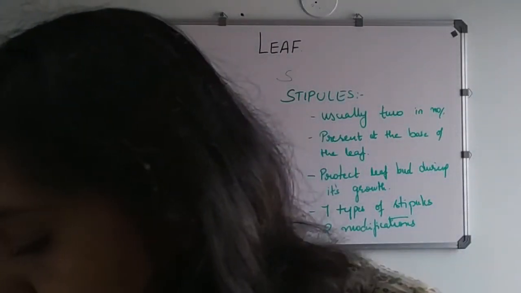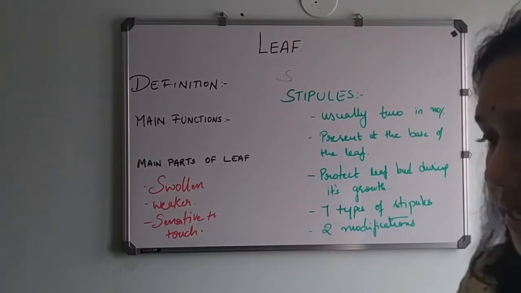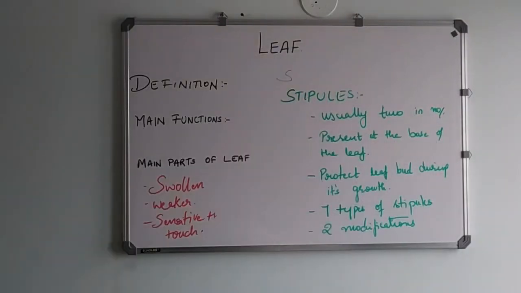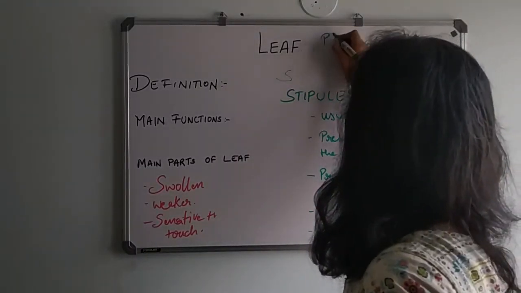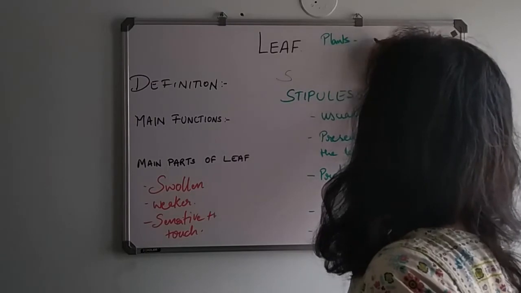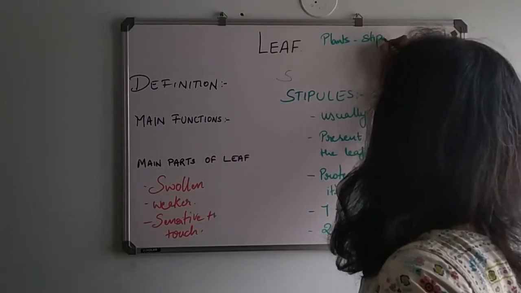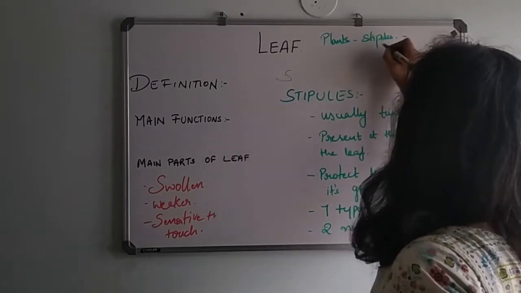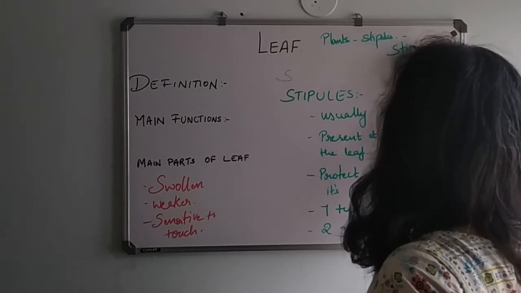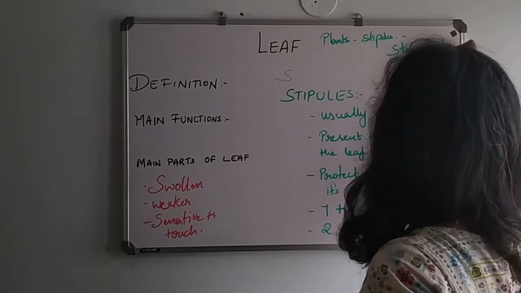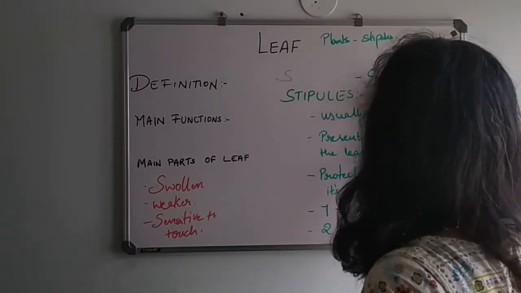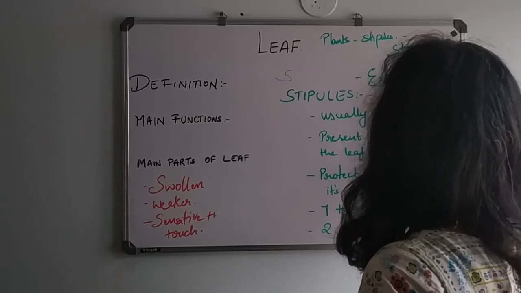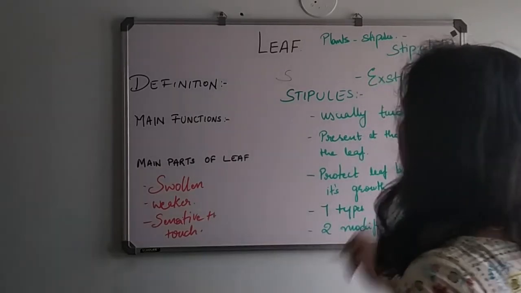Those leaves with stipules are called stipulate, and those without stipules are called exstipulate. So plants having stipules are called stipulate, and the plants without stipules are called exstipulate.